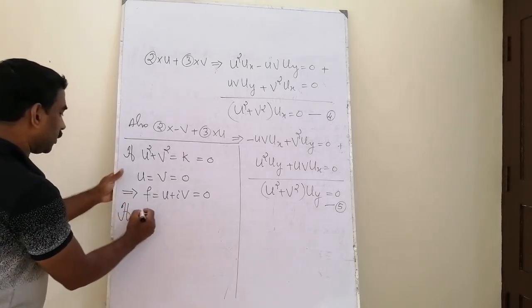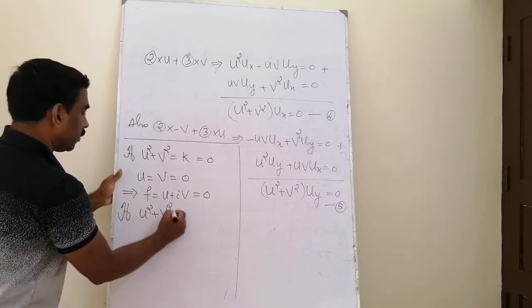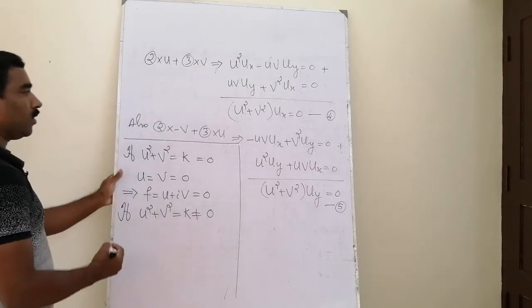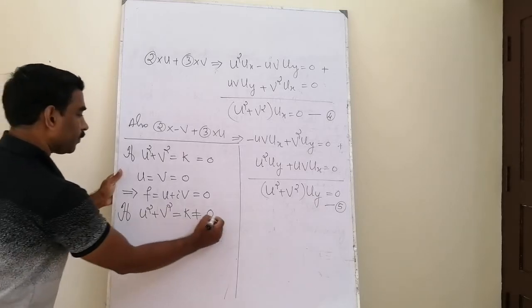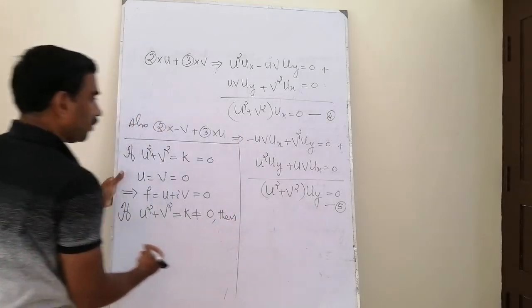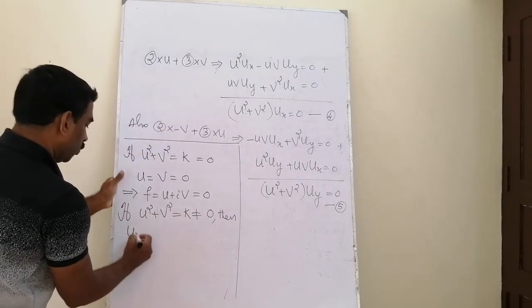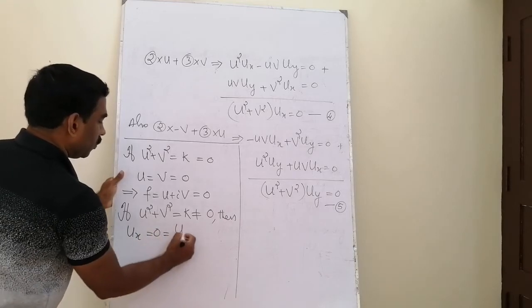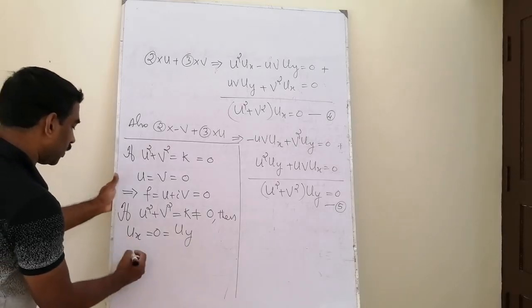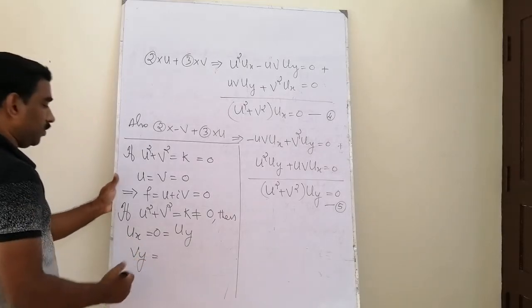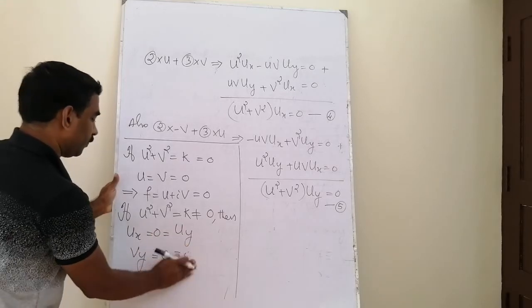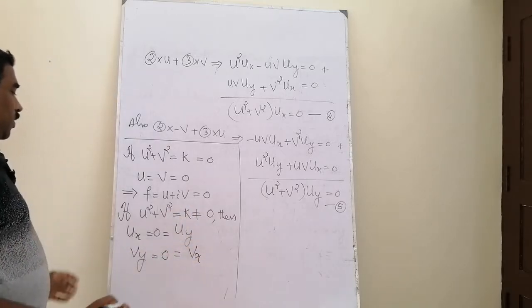And the other case, if u square plus v square is not equal to 0, say u square plus v square equal to k, then what are the possibilities? From equations 4 and 5, ux is equal to 0 and uy is equal to 0. And by Cauchy-Riemann equations, ux is equal to vy, and uy is equal to minus vx, so that is also 0.